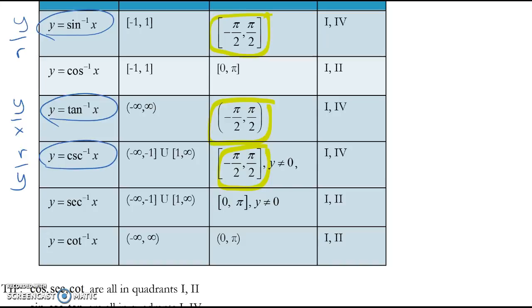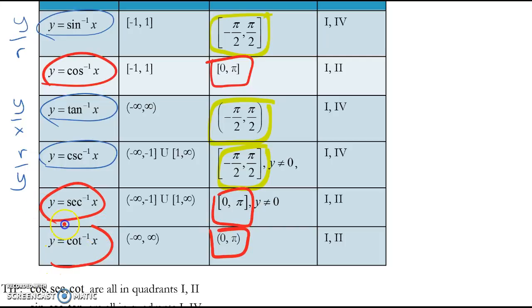Now, our graphs that have the interval from 0 to pi are the functions that are more associated with x. So this is where we see x in the numerator, or only x in the ratio. That's how I remember them.